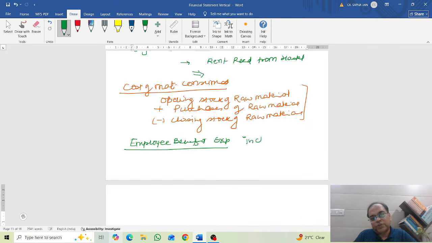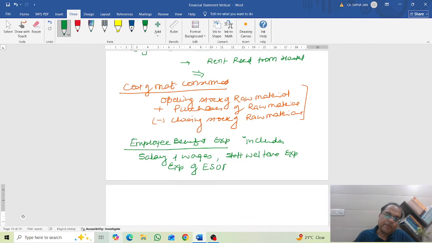Employee benefit expenses include salary and wages, staff welfare expenses, expenses of ESOP, employee stock option plan, and contribution to provident fund.